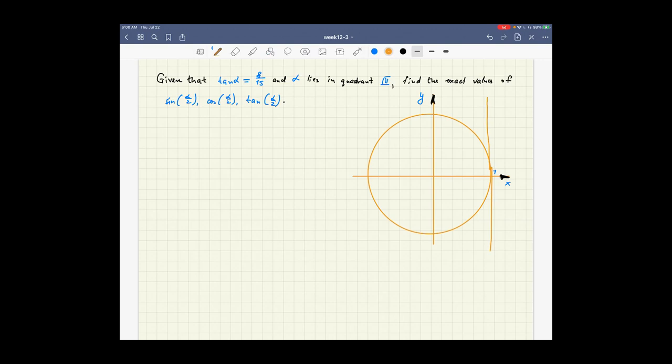So tangent is 8/15. So say this is the angle. This is the angle, yes, whose tangent is 8/15, one of them. But our angle alpha actually is in quadrant 3. So we need this angle.